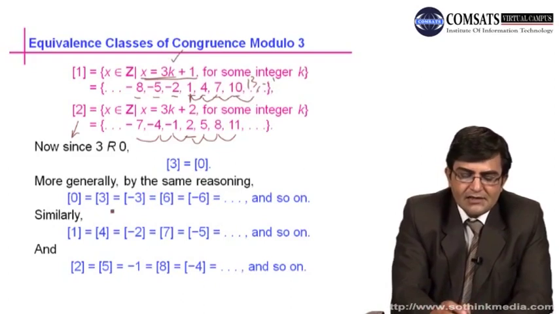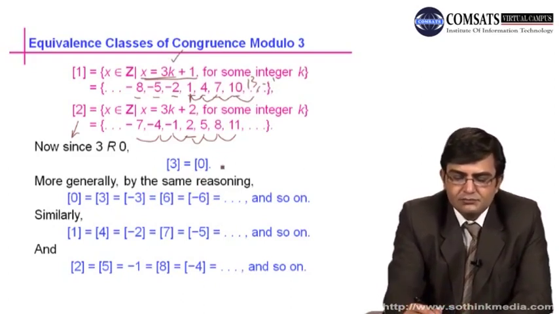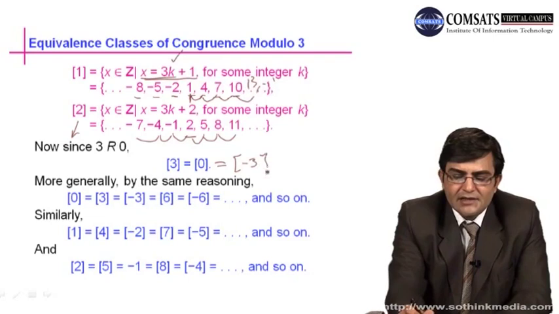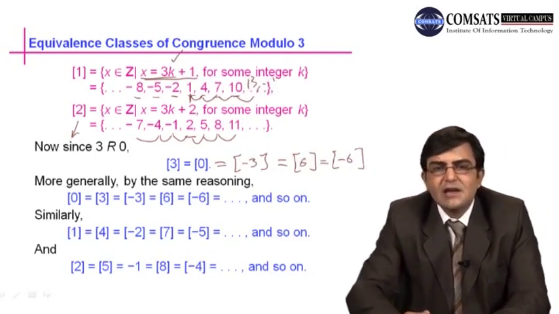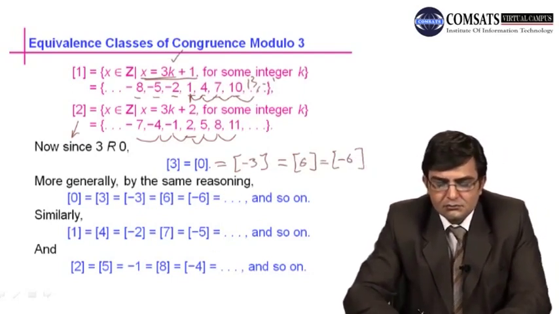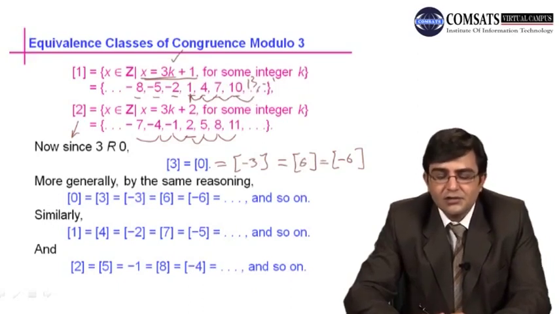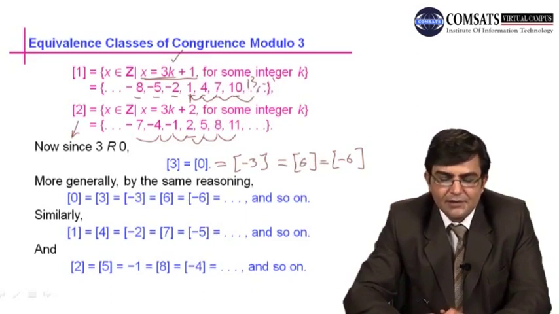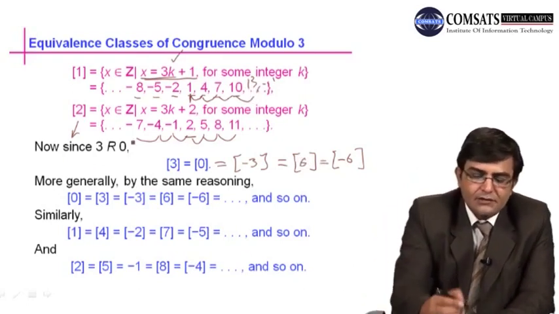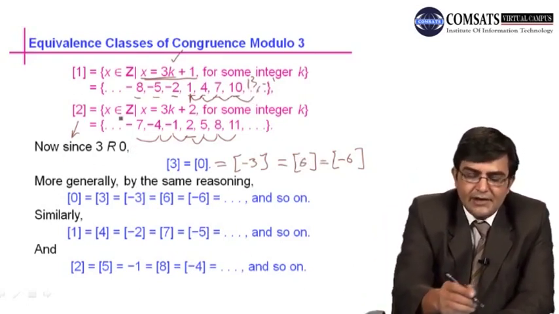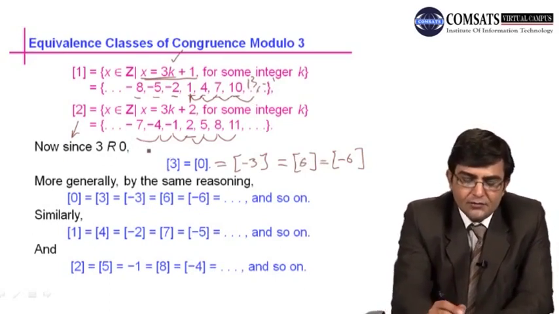Similarly, the equivalence class of 3 is equal to the equivalence class of minus 3, 6 and minus 6, because all these integers are related under the relation R, congruence modulo 3. If all these integers are related, then their equivalence classes must be the same. If we want to calculate the equivalence class of 3 in the same manner as we have calculated for 0, 1, 2, then how do we calculate?